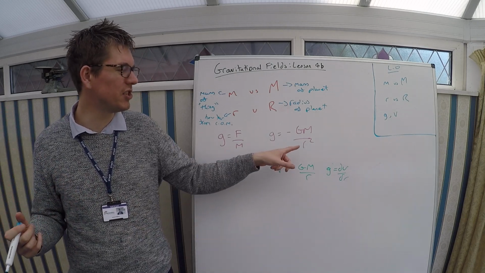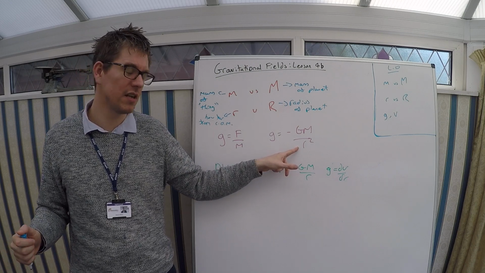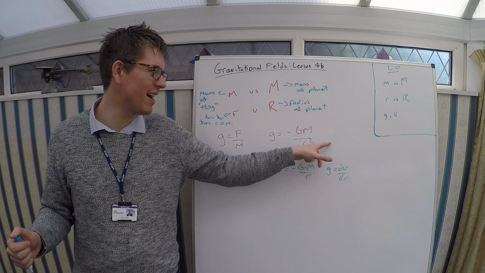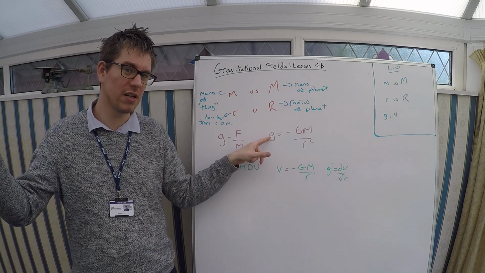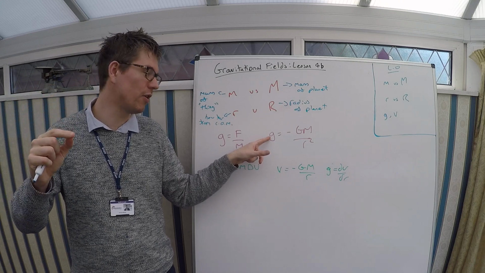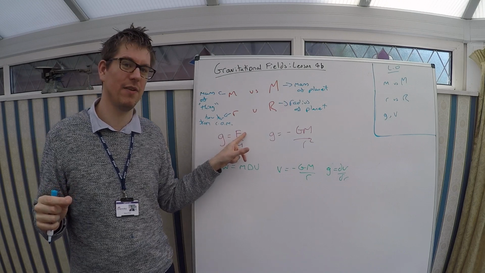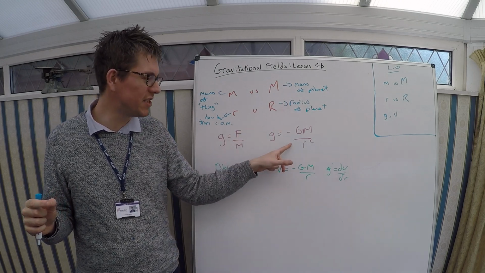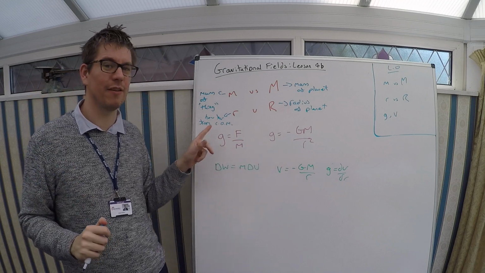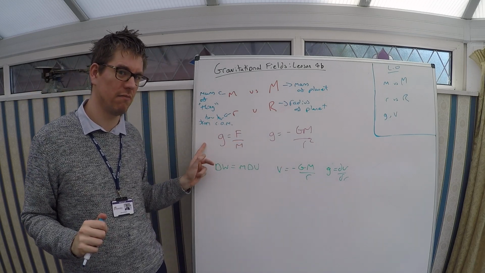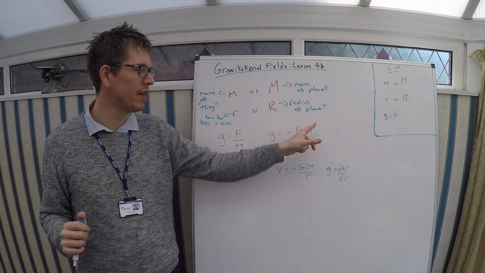But over small distances, just be careful, this is distance from the centre, not distance from the surface. So this equation here lets you work out the value of g at a given point. If you then wanted to work out the force on an object, you take this and whack it into here, you already know the M, and that would give you the force. So we use this to calculate the value of g at a specific point, this to calculate the force on a mass once we know the g. So that's what the 2 equations are used for. Note this is little m, this is big M.